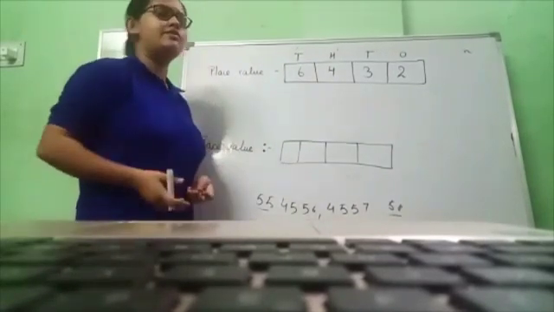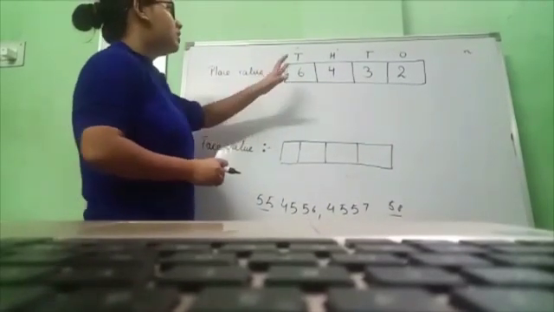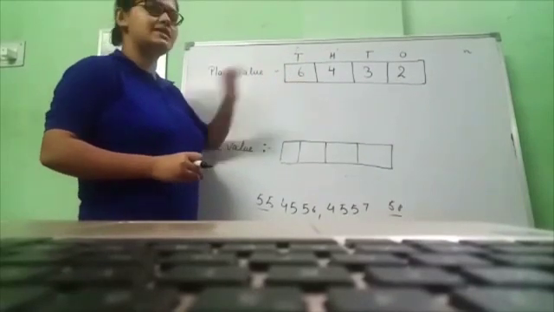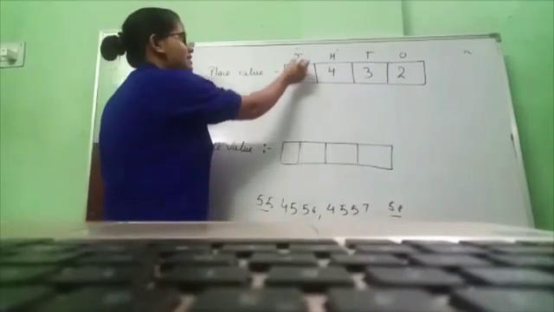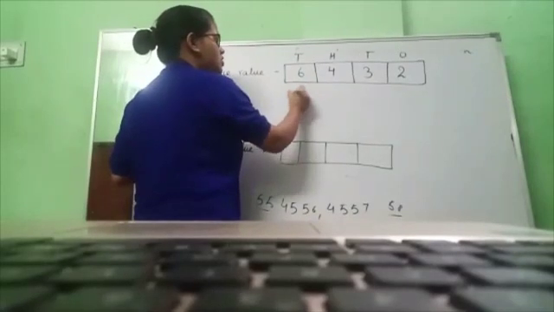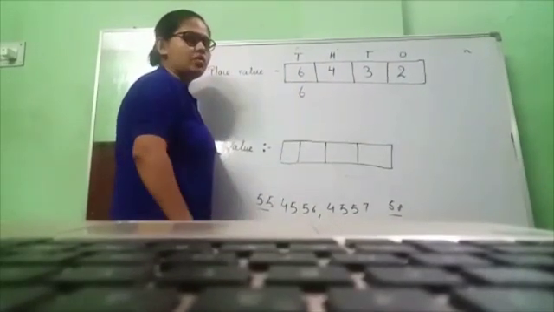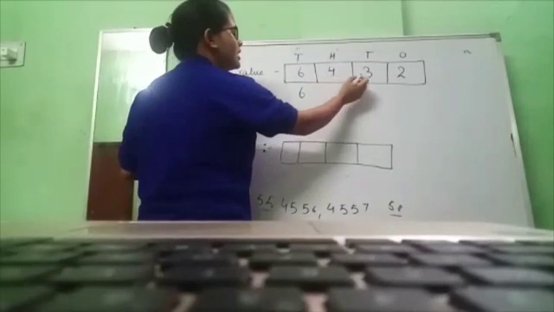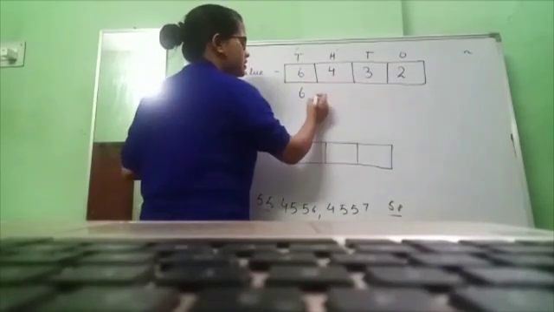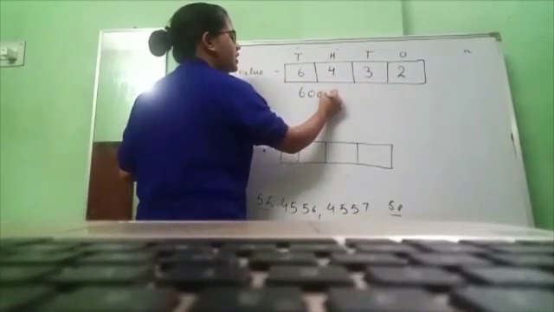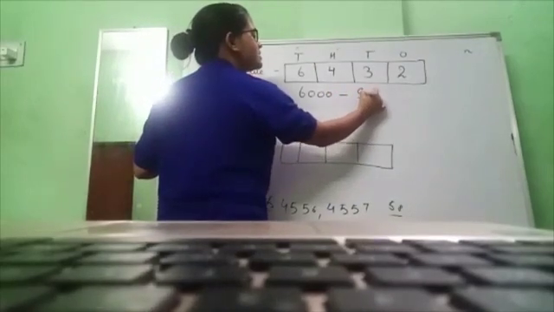So let's start. If someone asks you to give the place value of 6, this is thousands. So there will be 3 zeros, right? Because after the 6 there are 3 digits. So we will take 3 zeros here and it becomes 6000.